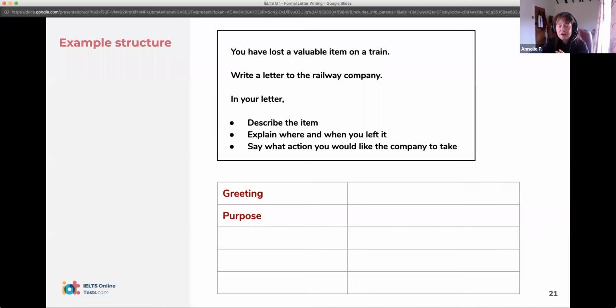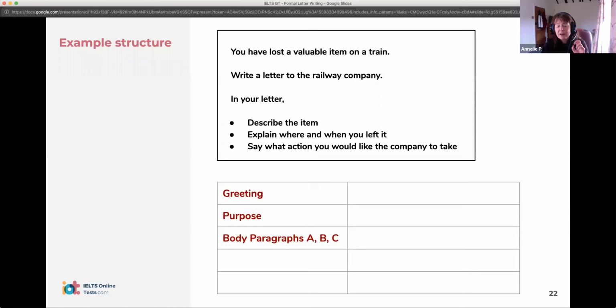Why are you writing? In order to get a good mark for task achievement, it has to be a very clear purpose. Then you're going to have your 3 body paragraphs related to the 3 bullet points in the task. The 3 bullet points basically give you your paragraph structure for the letter. You don't have to think about it any more than that.